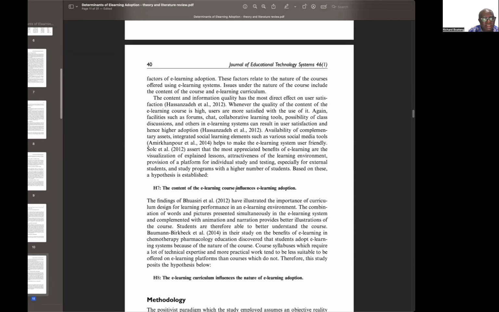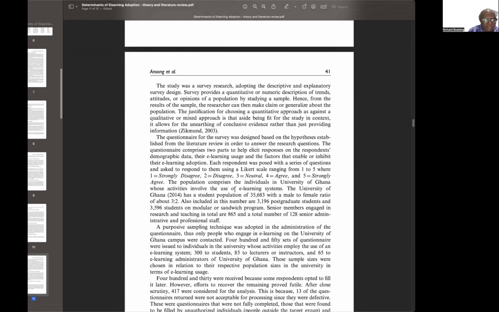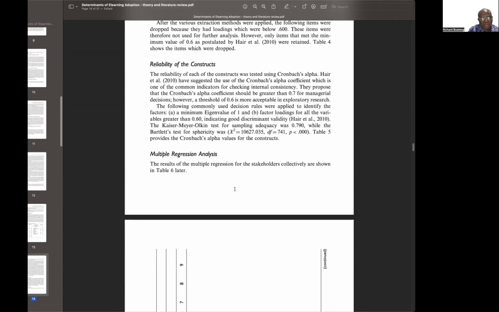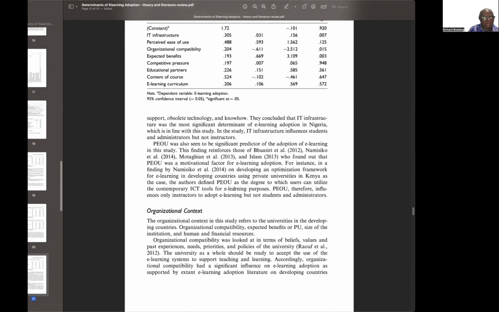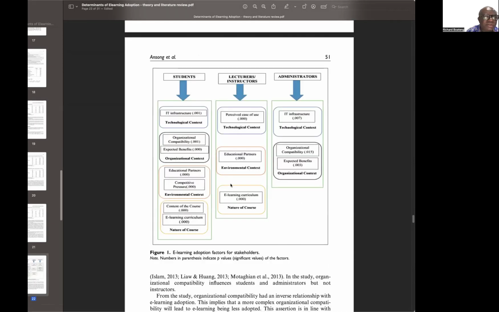So with this, we carried out the study, and I believe there is a model here that shows the authors' post-study framework. Good. So this is what we found: across the different stakeholders, for the students, IT infrastructure, organizational capability, educational partners, competitive pressure, and the content of the course and e-learning curriculum were the things that mattered more to them.